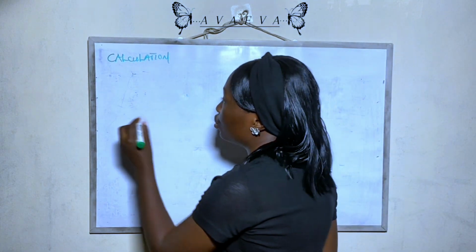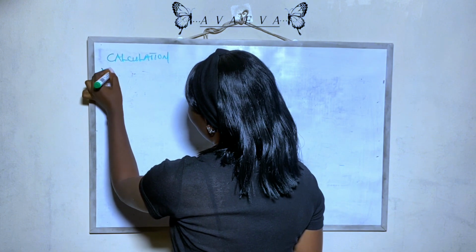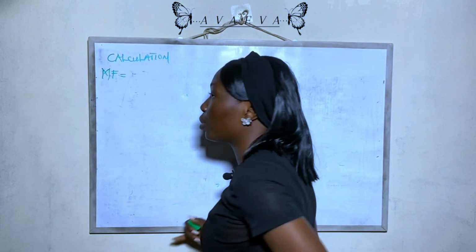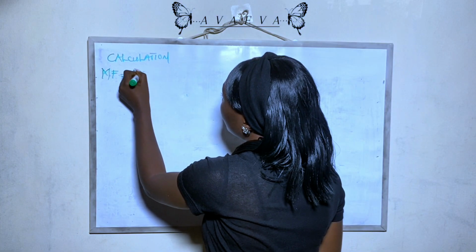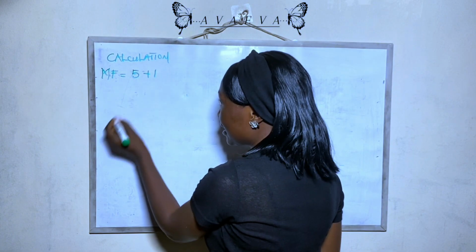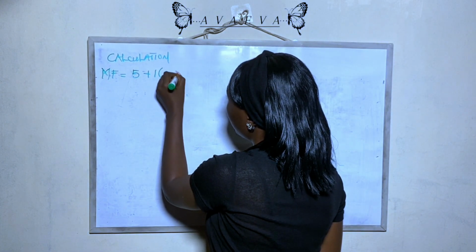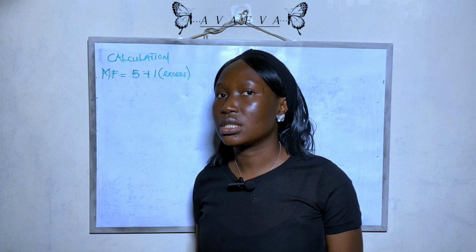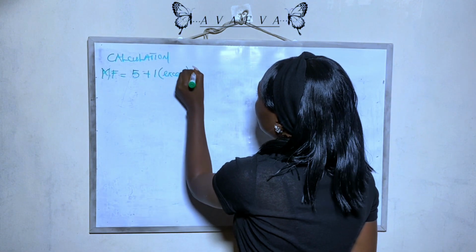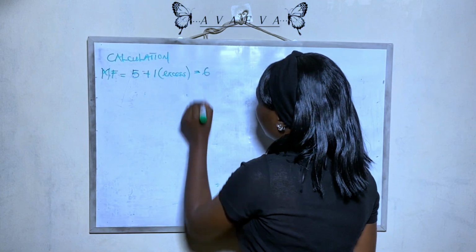Divided powders usually have a different approach when it comes to calculations. But the first thing to do still is to look for your multiplying factor. In this case, we're asked to prepare 5 powders. So for multiplying factor, you have 5 plus 1 excess. The reason why we prepare excess is so that we don't lose certain ingredients in the process of formulation, to give you a total of 6.